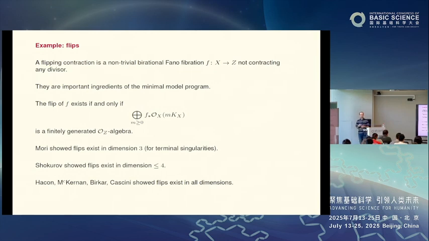These are flipping contractions. And they are necessary in order to run the minimal model program. But you have to show that when you have these flipping contractions, you can perform an operation. So this is only part of the flip.